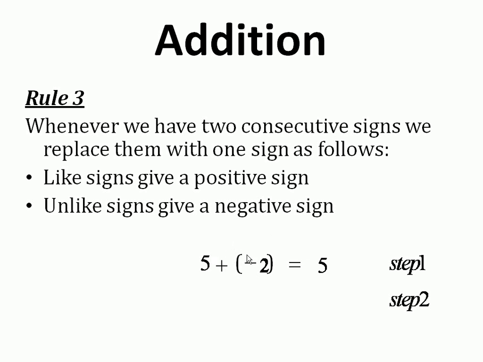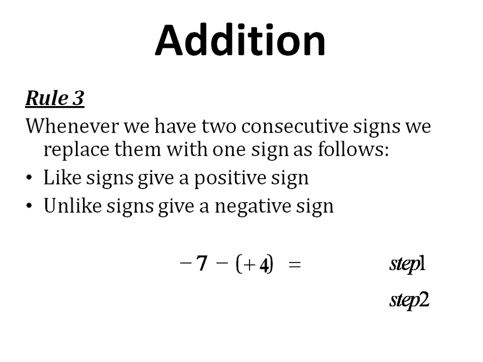Now, these consecutive signs are different, so we are going to replace the consecutive signs with a negative sign. Now we have 5 minus 2, and we enjoy just subtracting smaller numbers from larger numbers. No problem with that at all. The answer is 3.